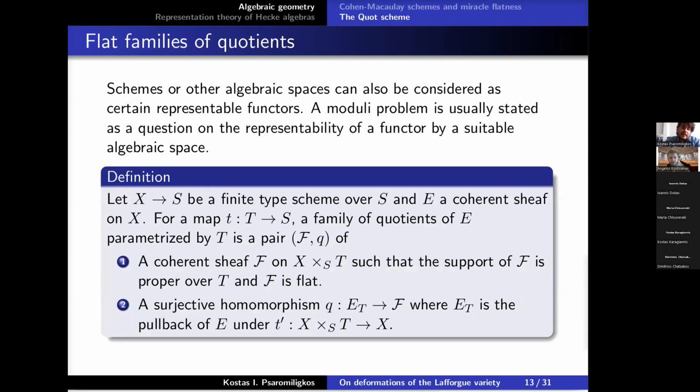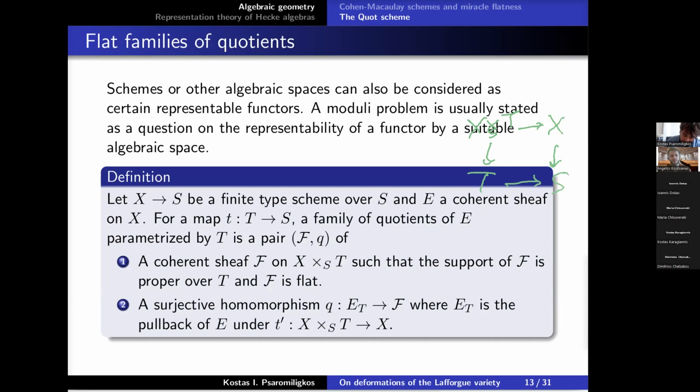This definition is what a flat family of quotients is, and it means the following. We have an X over S of schemes. Then we get some map from T to S. You should think of this as the base space, the parametrizing space, that we were considering families over. You have a fiber product, because the category of schemes admits that.